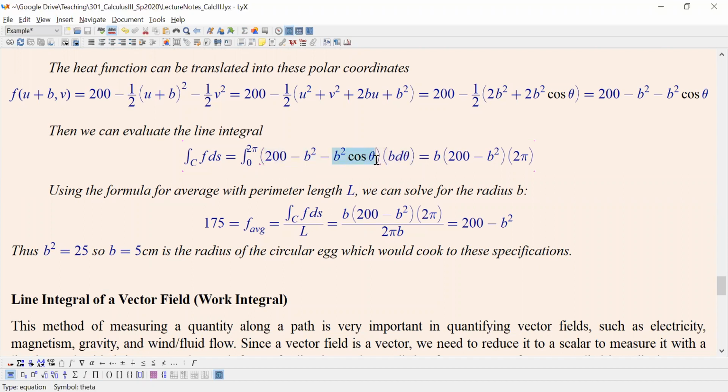Our cosine of theta integrates to 0 from 0 to 2 pi. It's periodic. The constant is factored out, times the constant b times the 2 pi, the interval we're integrating over. And then we compare it to 175. We get b squared is 25, b equals 5. Again, the same values, right? Nothing has changed. It's the same answer.